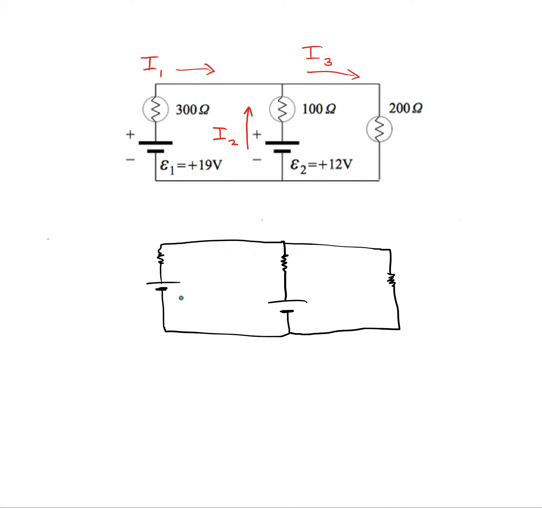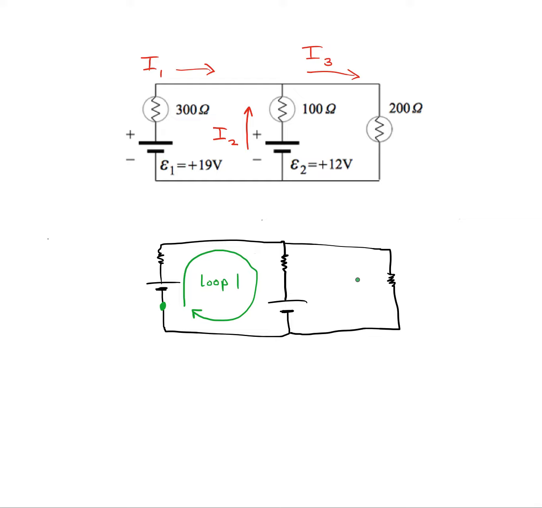Alright, let's pick a point to start our loop at, and we can go either clockwise or counterclockwise, it doesn't matter. It's our choice. The direction of our loop does not necessarily have to match the direction of any particular current. The loop is all about how we're going to add up the potential changes as we move around the loop.